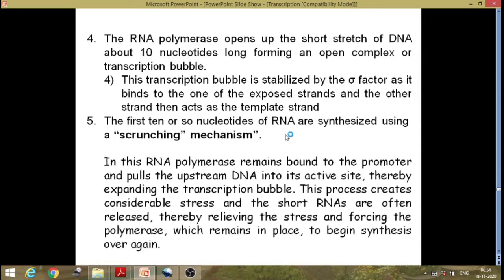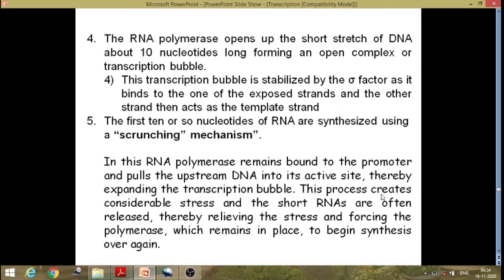In the scrunching mechanism, RNA polymerase remains bound to the promoter. Because of the tight binding of sigma subunit to the DNA, RNA polymerase remains bound to the promoter and pulls the upstream DNA into its active site, thereby expanding the transcription bubble.